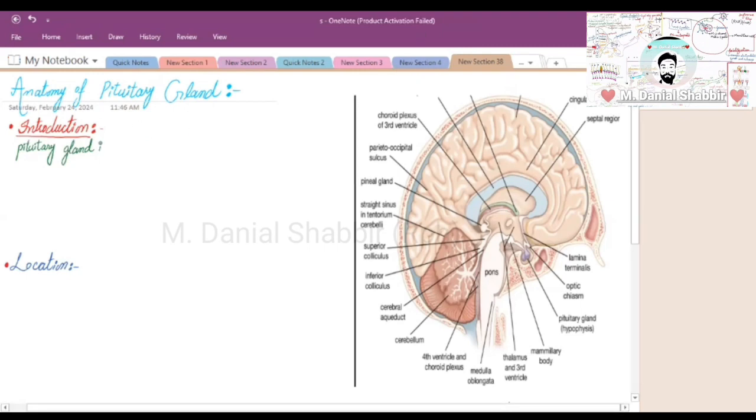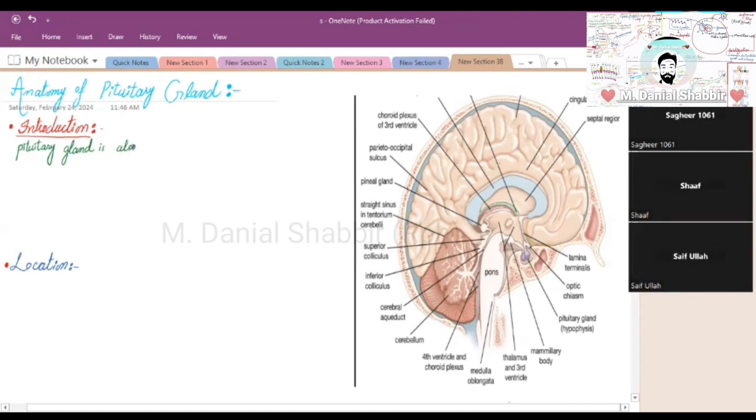The pituitary gland is also called hypophysis cerebri, right?